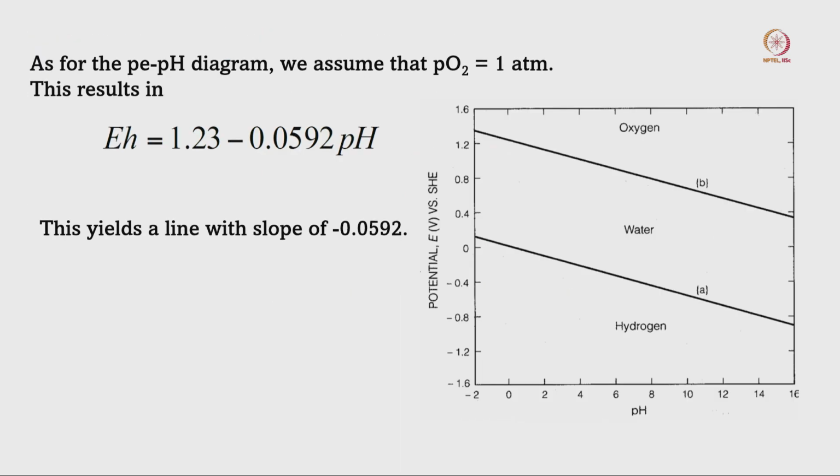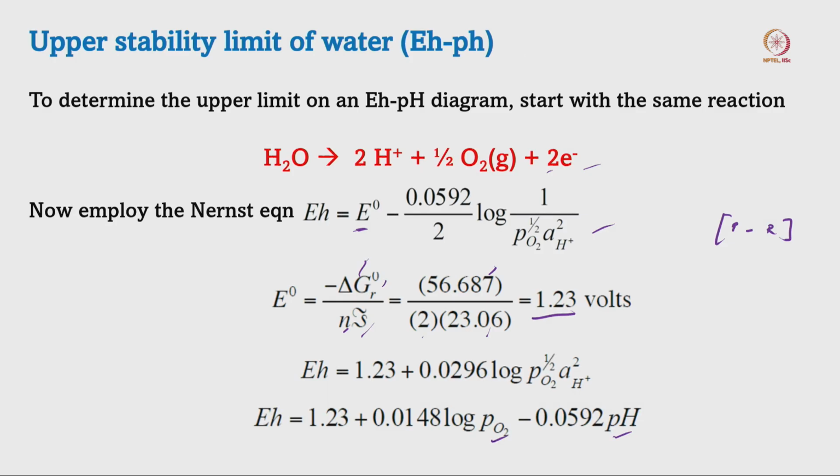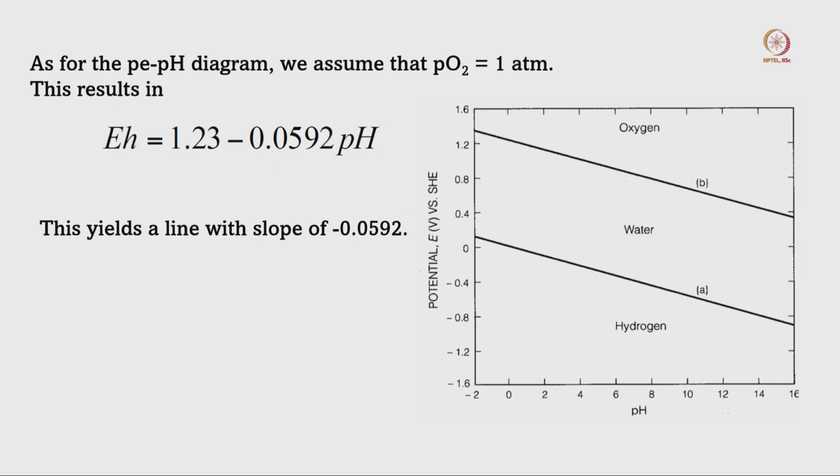Now, if you are considering the 1 atmospheric pressure, then the log term gets 0, and you are left with only 1.23 minus 0.0592 pH.